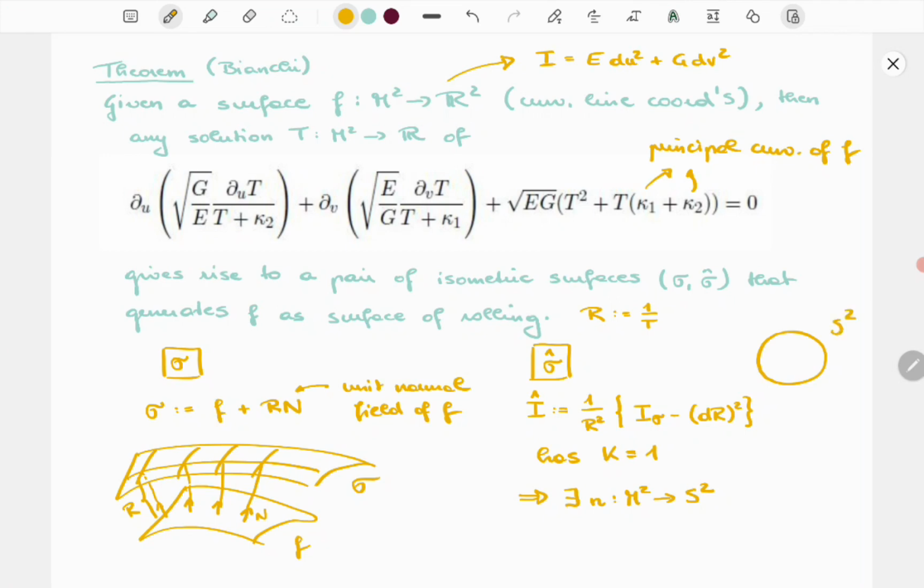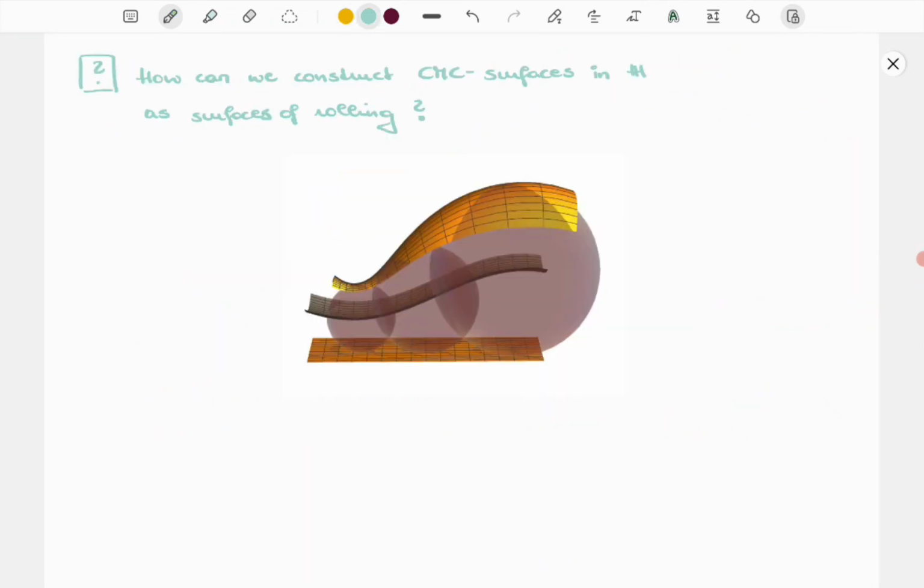So on the 2 sphere, this metric here uniquely determines a parametrization, which we denote by n. And then sigma hat is defined as r times n.